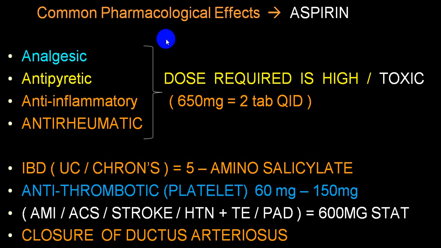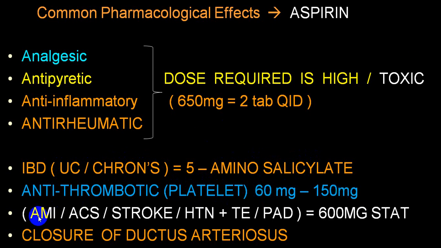A modified compound of aminosalicylic acid, that is 5-aminosalicylates, is very commonly utilized for inflammatory bowel disease like ulcerative colitis and Crohn's disease, as a primary drug. As an antiplatelet drug, the dose required is very low, 60 to 150 milligram.